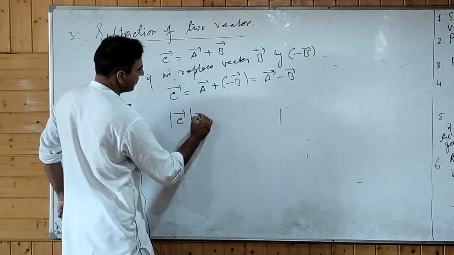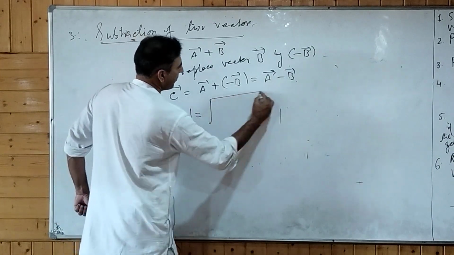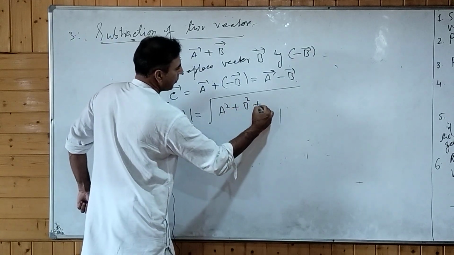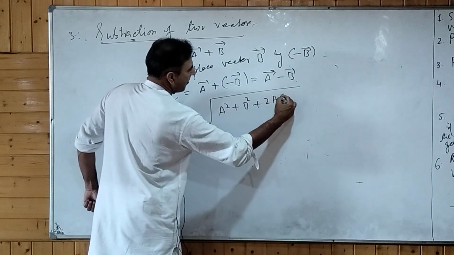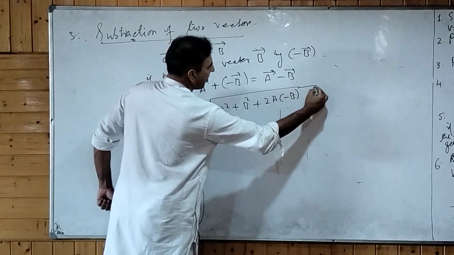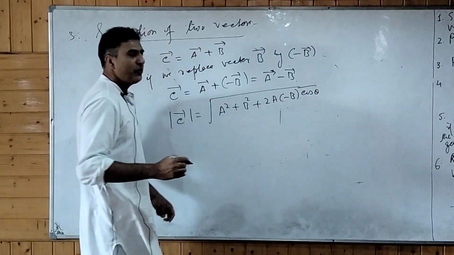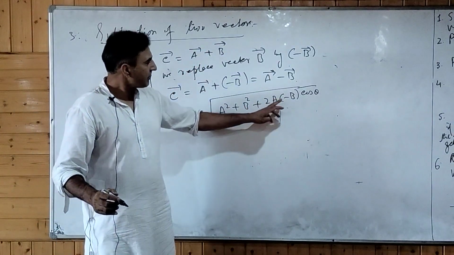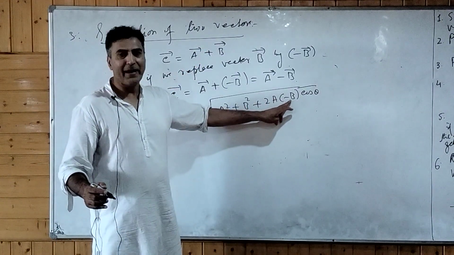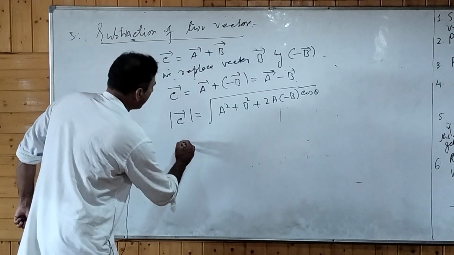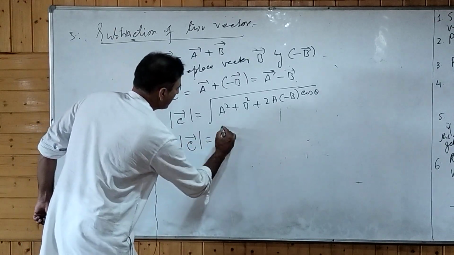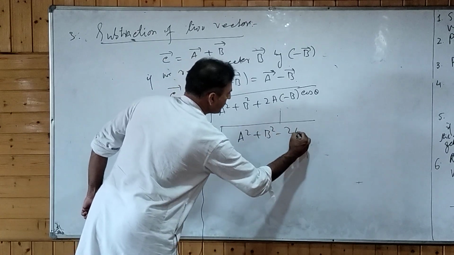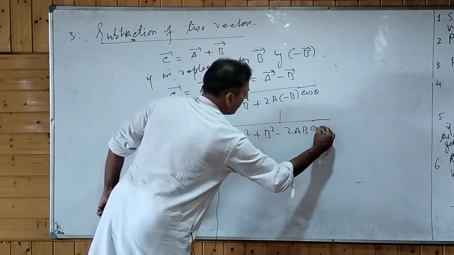Magnitude C is equal to, again, root of A square plus B square plus 2AB cos of theta. So what you do is you replace in that addition equation, vector magnitude B by minus B. So what you get finally is root of A square plus B square minus 2AB cos of theta.